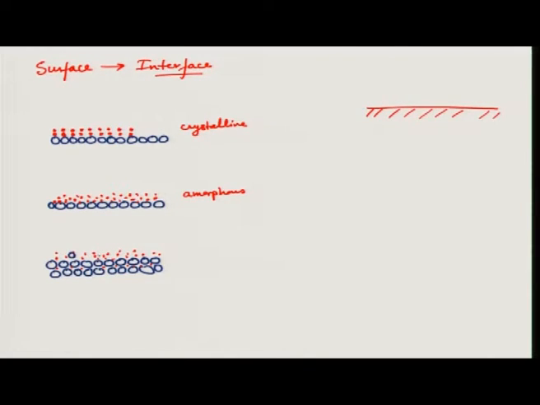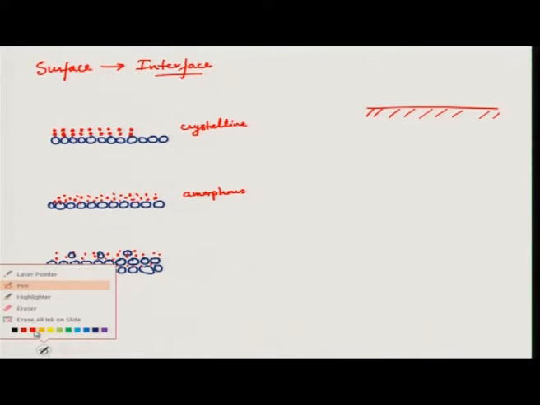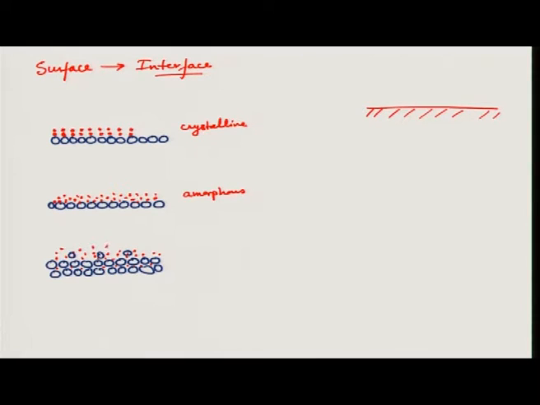Some atoms might diffuse into the thin film also, right. So, this will be my thin film growth. Okay. This will not have a sharp boundary, but due to interdiffusion it will have a diffused interface.